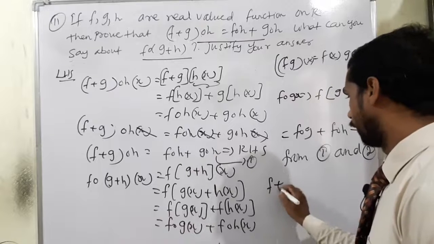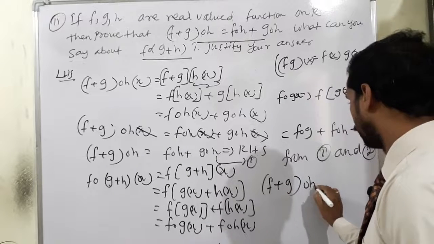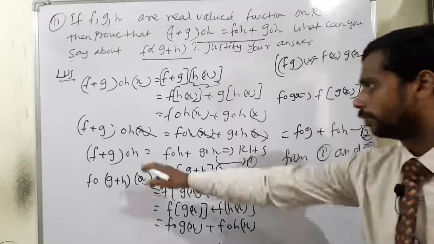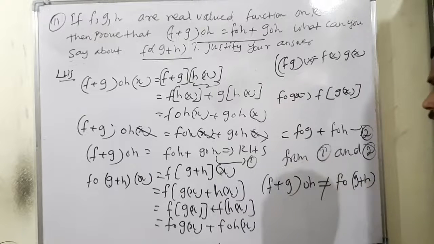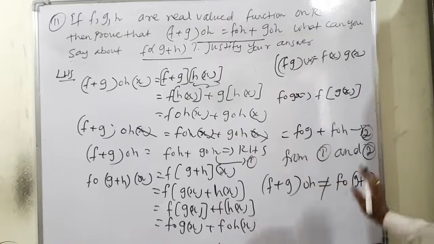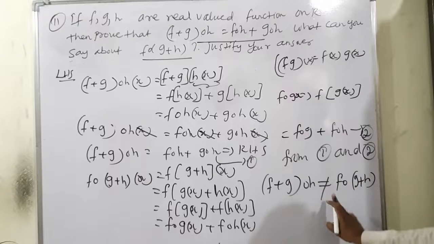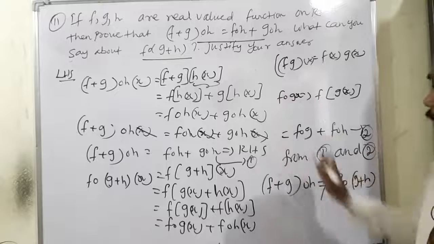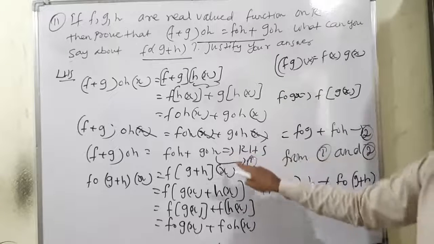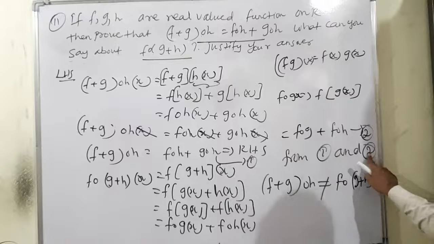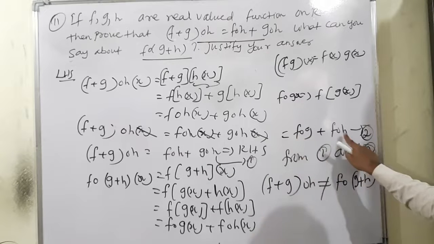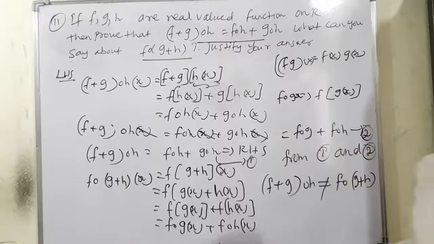Therefore, (f plus g) dot h is not equal to f dot (g plus h). This is not equal, isn't it? The condition will be proved now. Because in equation number 1 the right hand side is f dot h plus g dot h, at the same time in equation number 2 it is f dot g plus f dot h. Okay, I will continue with the next question.